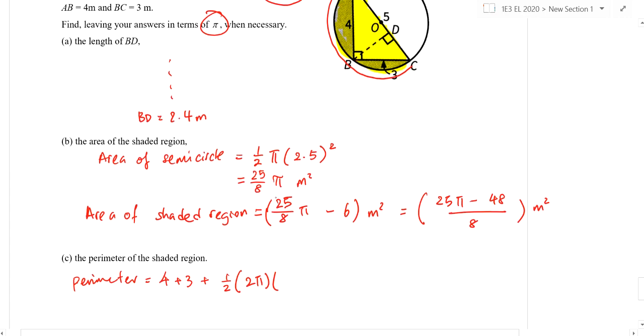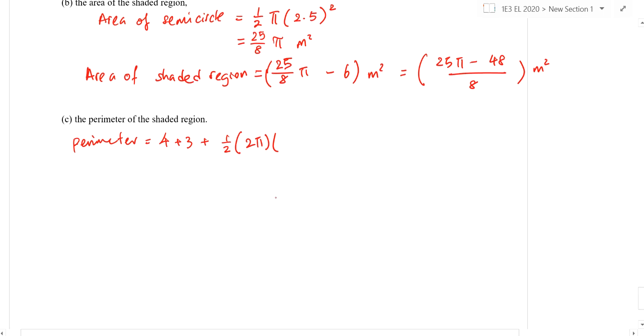The radius was found to be 2.5 meters. So we result in 7 plus 5 over 2 pi meters. So we can leave it like this, or we can leave our final answer as one combined fraction over 2, 14 plus 5 pi.